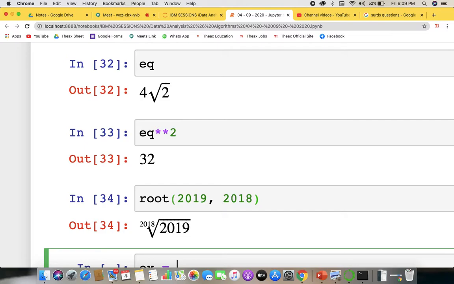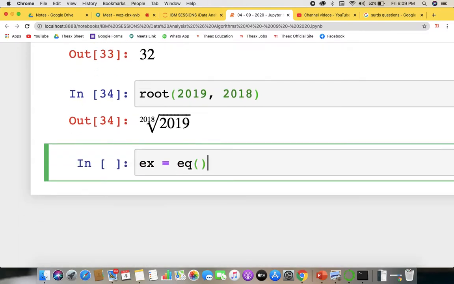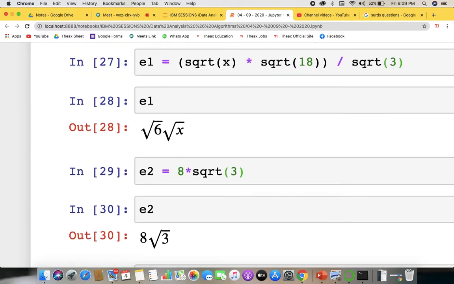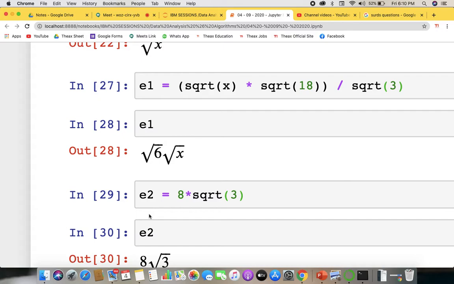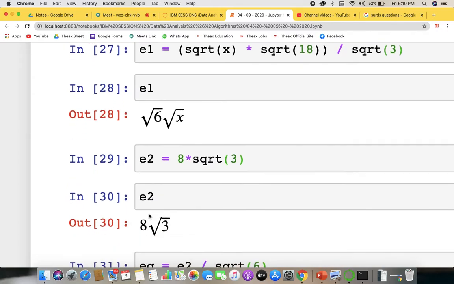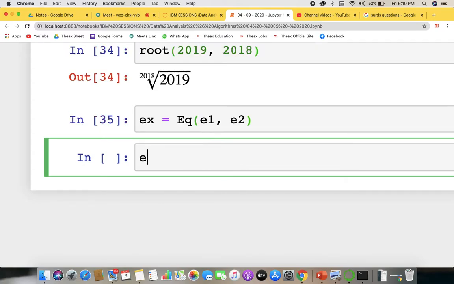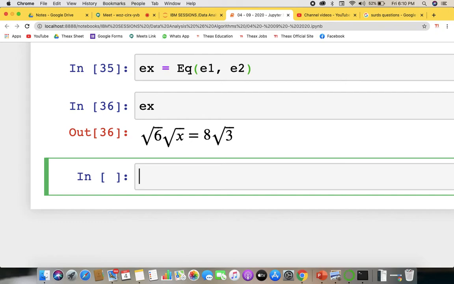Let's say an expression is going to be an equation, right? Just writing up the equation. So the equation says that your E1, whatever it is, is equal to your E2. That's it. Your E1 is equal to E2. That is your expression. That means that 6 root x is equal to 8 root 3.